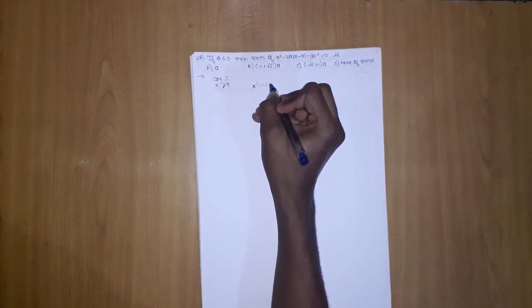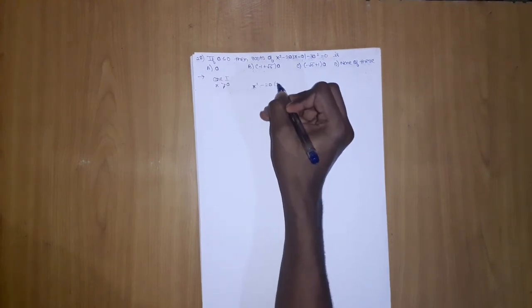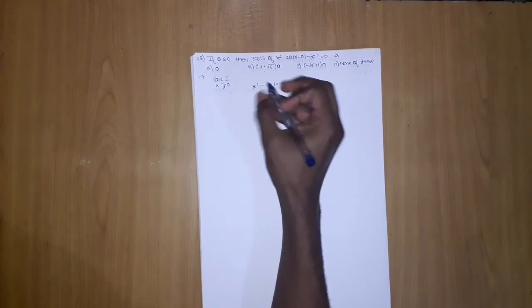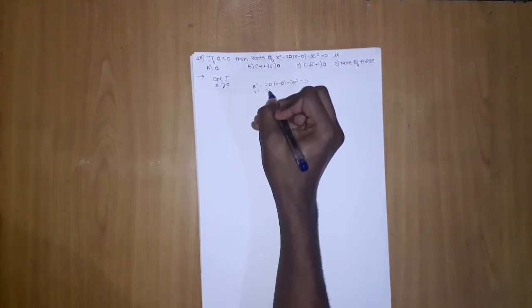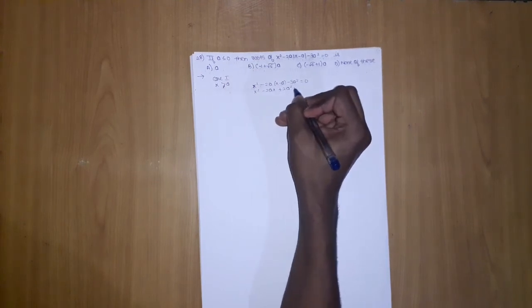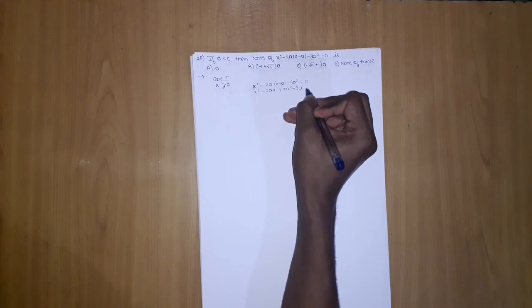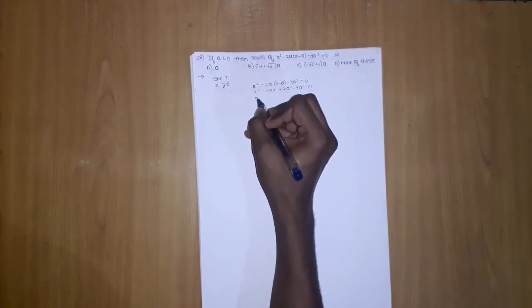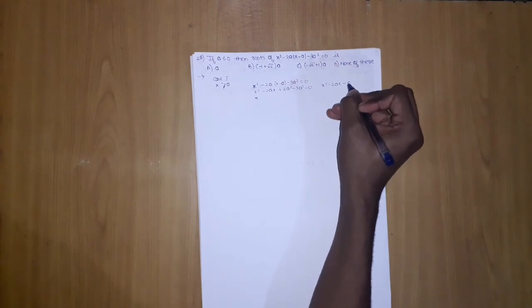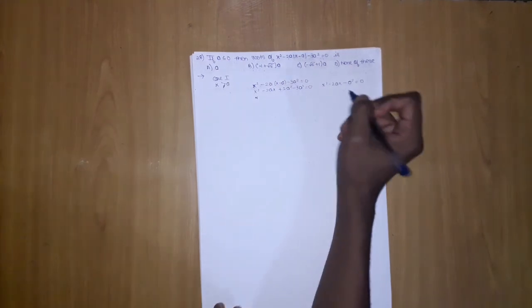Which will be 2a into x minus a minus 3a square equal to 0, so x square minus 2ax plus 2a square minus 3a square should be equal to 0. Further we write it here, x square minus 2ax minus a square equal to 0. Let's get the x value.